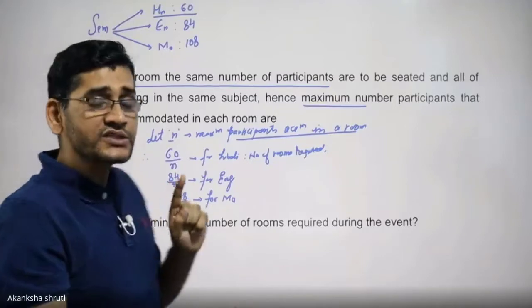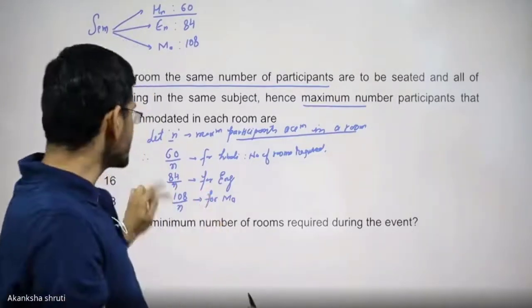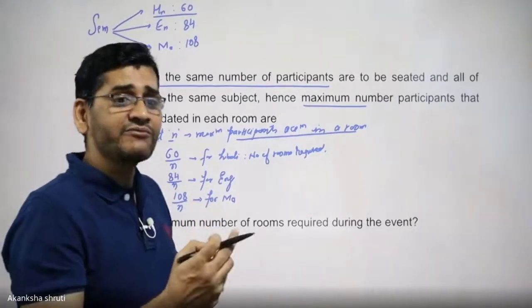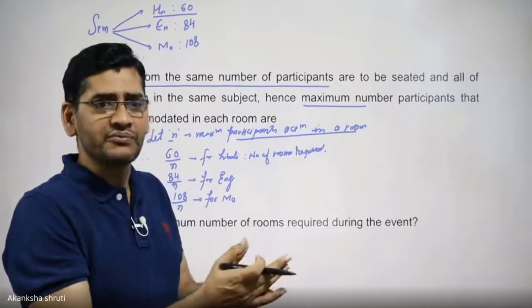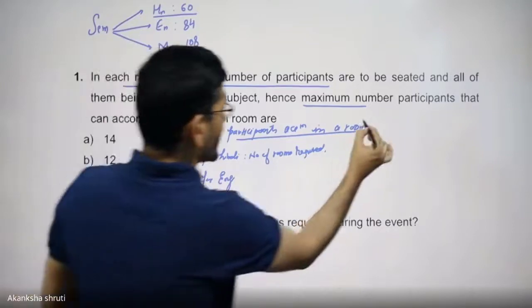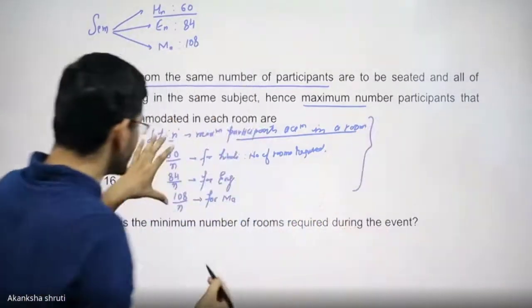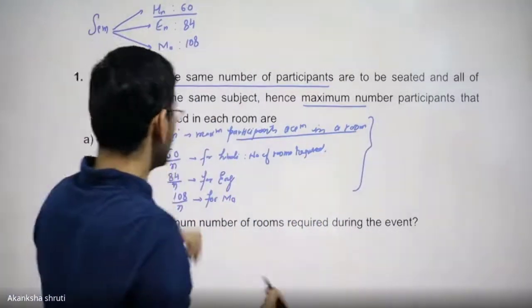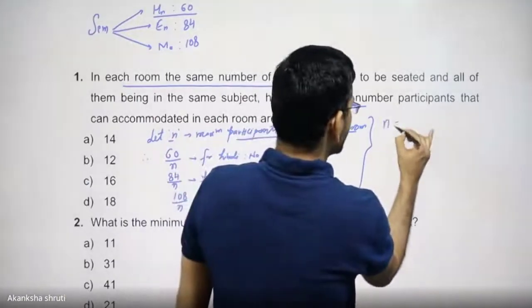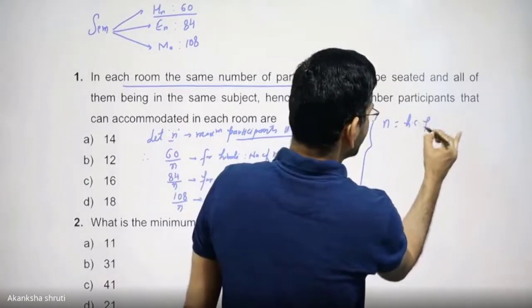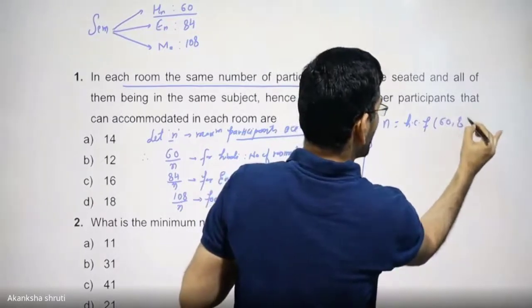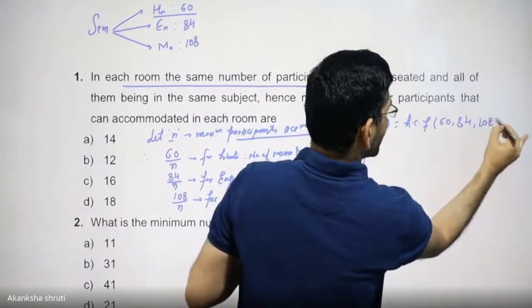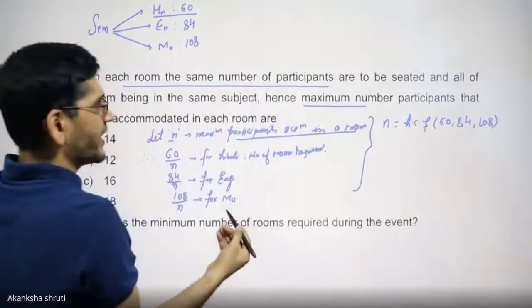Such a largest number which can divide two or more given numbers is nothing but their HCF. So n is the HCF of 60, 84 and 108. Let us find the HCF.